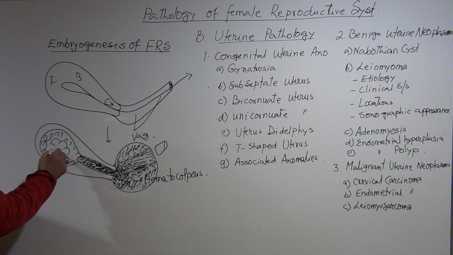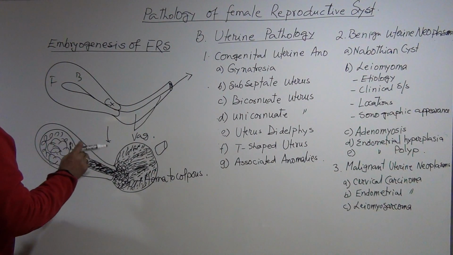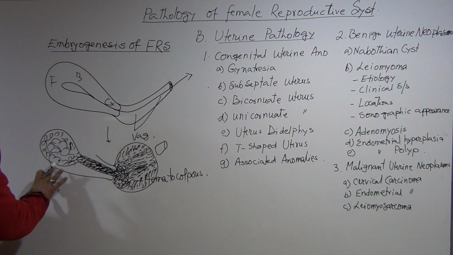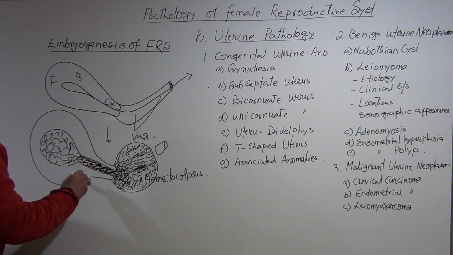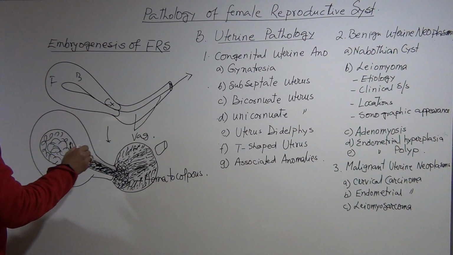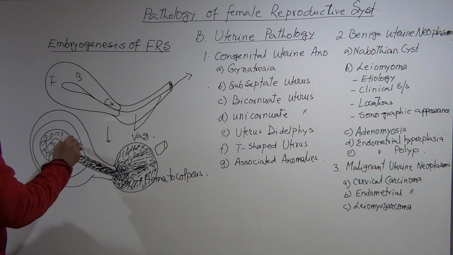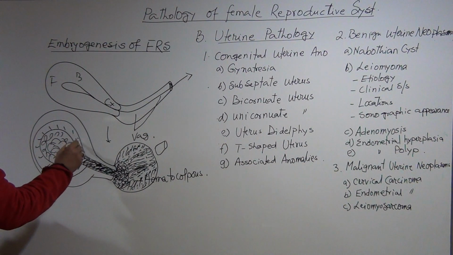And when it will be more and more, then uterus will start getting bigger. Uterus will be bigger. And the more the uterus is bigger, then finally the endometrial cavity will be bigger like that and is filled with blood.